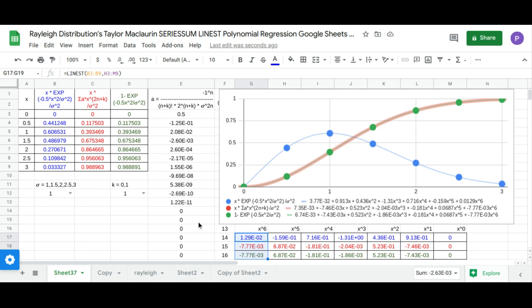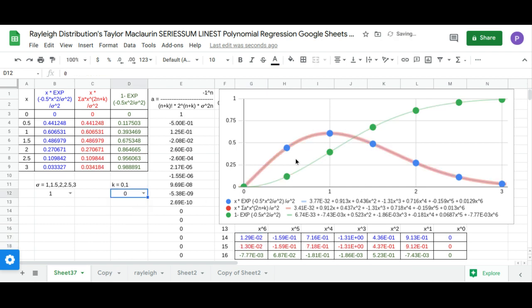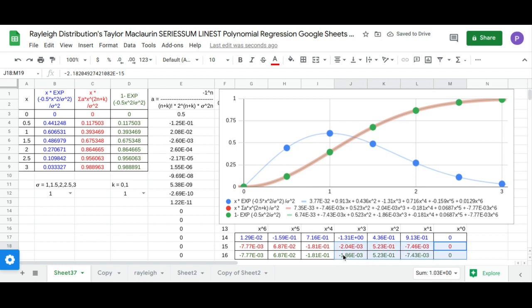So we can toggle this. The expansion approximates the probability density function, and their polynomial regression coefficients are the same. If we toggle this to 1, the expansion approximates the cumulative distribution function, likewise in the dataset as well.